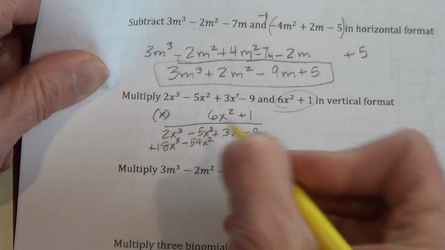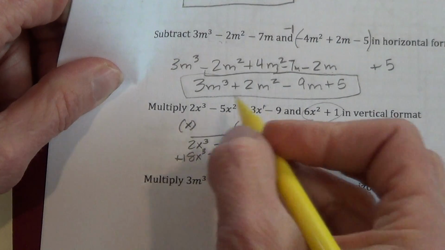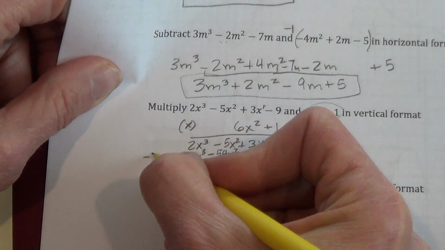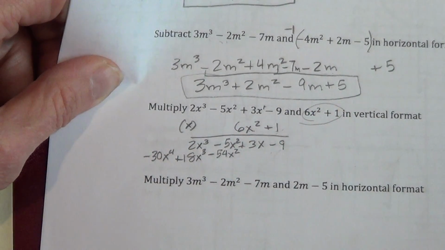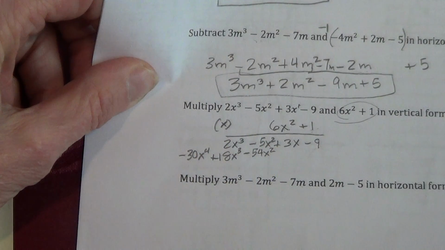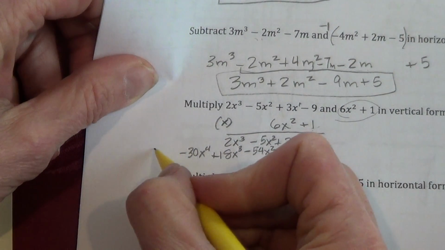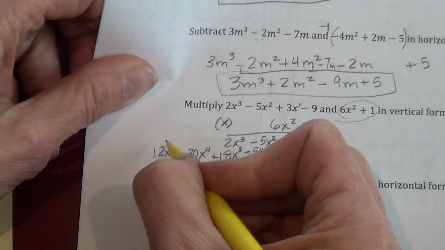That was a positive. 6x squared times negative 5x squared would be a negative 30x to the 4th. 6x squared times 2x cubed would be 12x to the, add their exponents, 2 and 3 is 5.